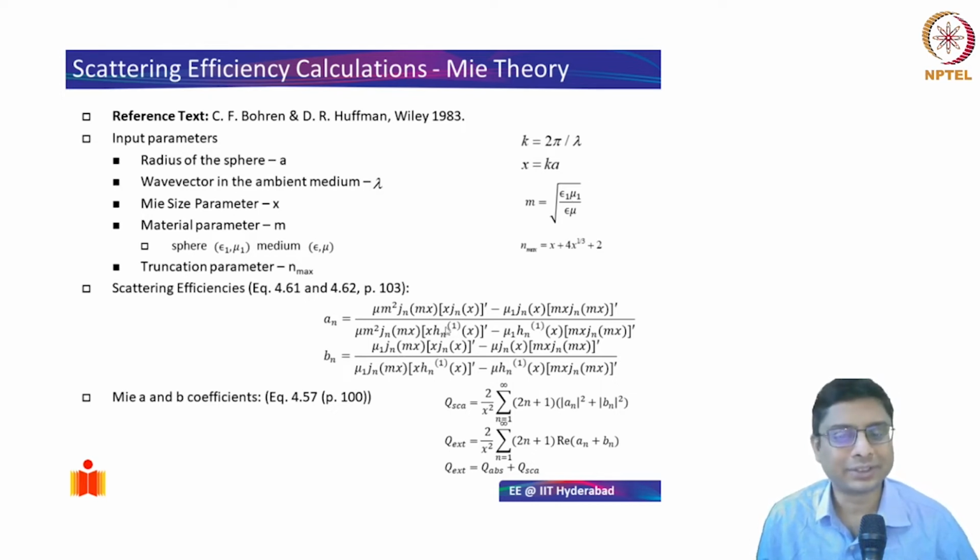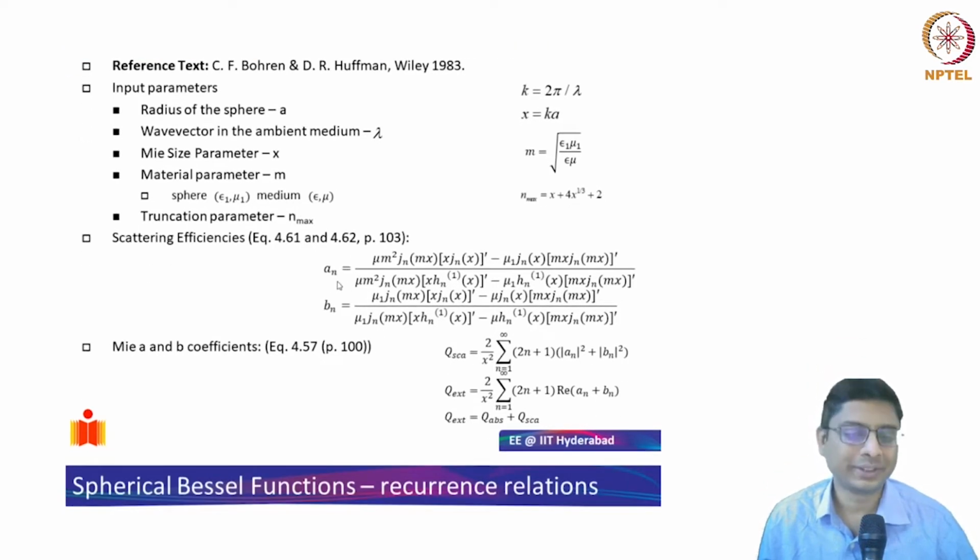If you spend a couple of days on this, you will actually work it out. And so once you have these coefficients, you can easily sum up the scattering cross section, extinction cross section, and also the absorption cross section you will be able to calculate. All right. So the summary of the entire thing is given in this slide. And if you want more details, of course, you have to read the textbook.